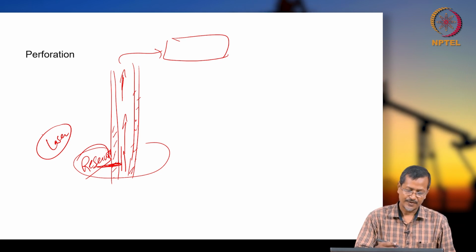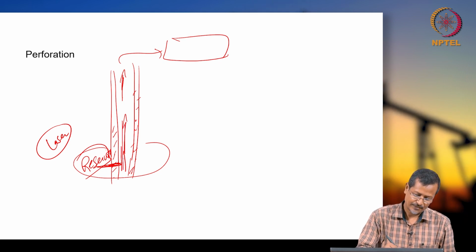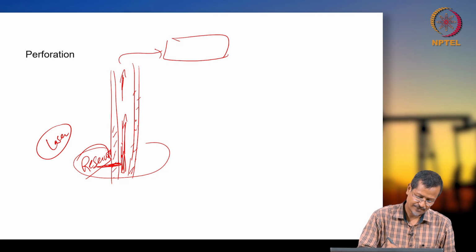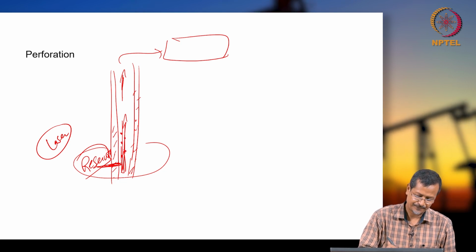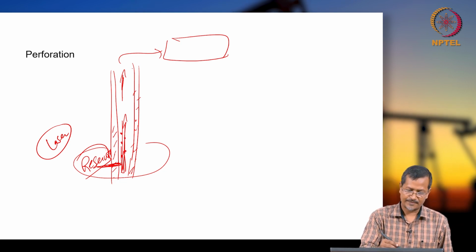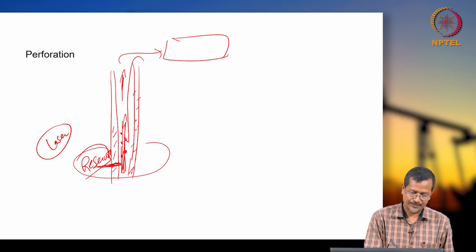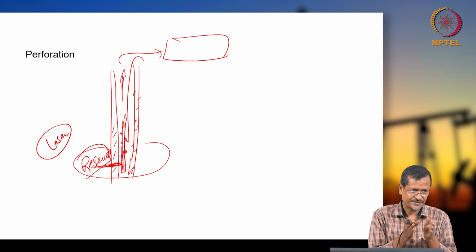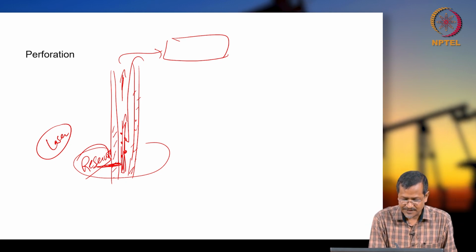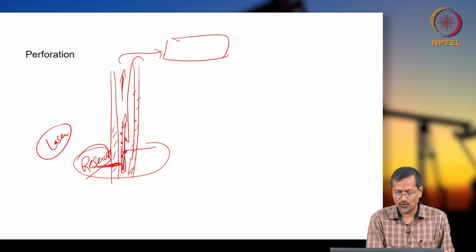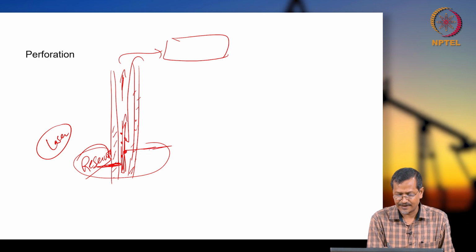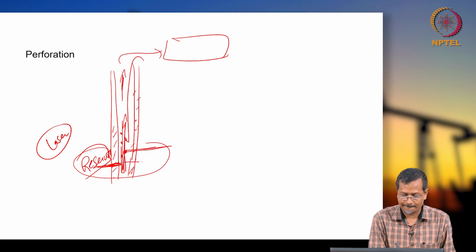Another way is that you put one gun, like one pipe with lots of explosive material. Using an electric wire from the surface, you create an explosion here. The explosion will be directed, so it will make a hole in the casing and cementing, and it will move like this.